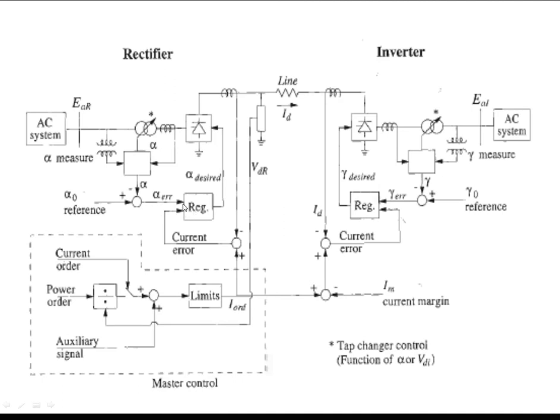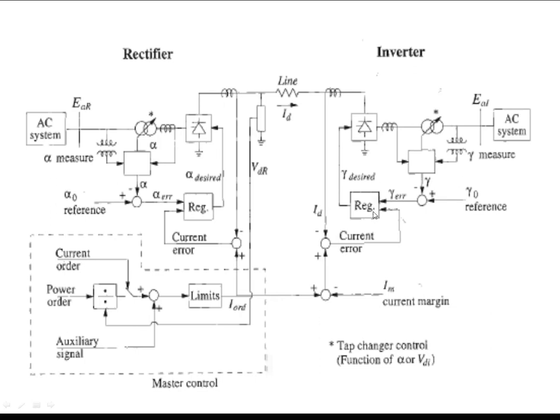The second input to this regulator is the alpha error, which is generated from the difference between the alpha 0 reference and the actual alpha of these bridges. Both the alpha error and current error generate the desired value of alpha, so that we can get the desired current required at the DC line.